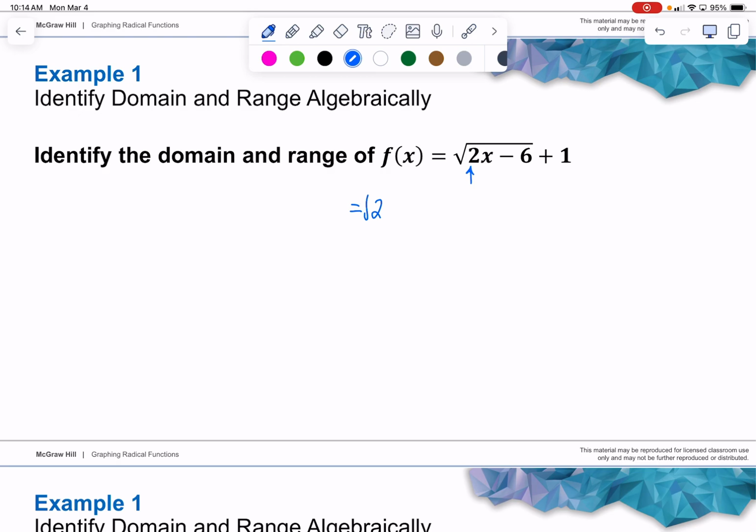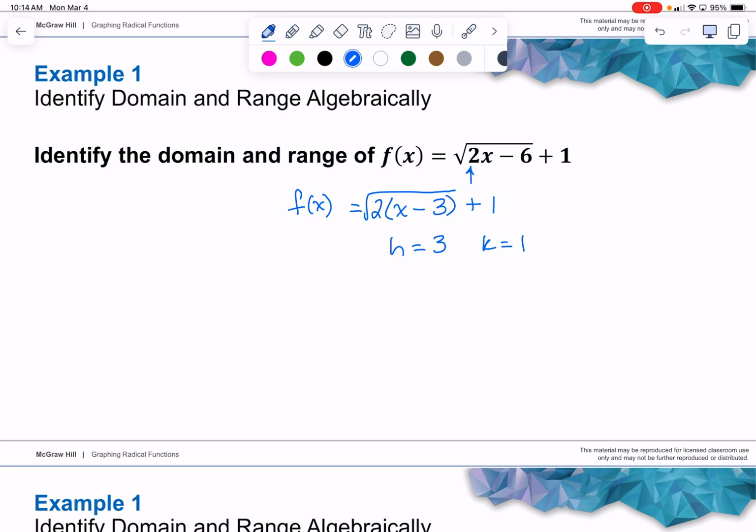If I factor out a 2, I'm left with x minus 3, plus 1. Everybody with me? This is an equivalent function, and we can see my h value is 3, and my k value is 1.